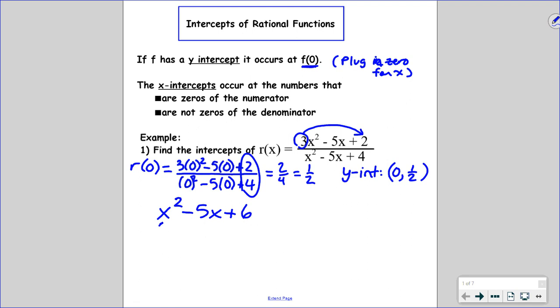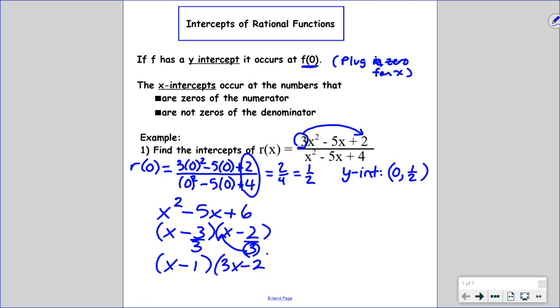Factors of positive 6 that add to negative 5 would be negative 3, negative 2. But then I have to divide by that 3 that I multiplied by to begin with. 3 divided by 3 is 1. Since I can't divide 2 by 3 evenly, I'm just going to move the 3 in front of the x. So this would be the factors of the numerator.